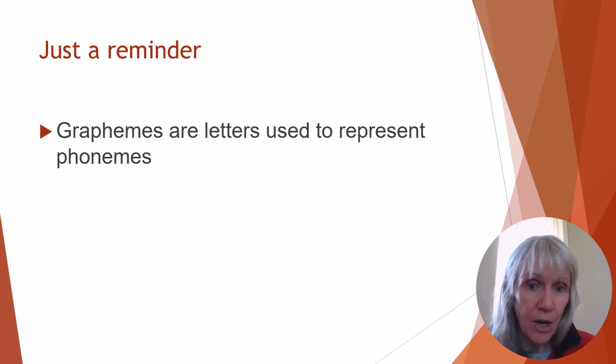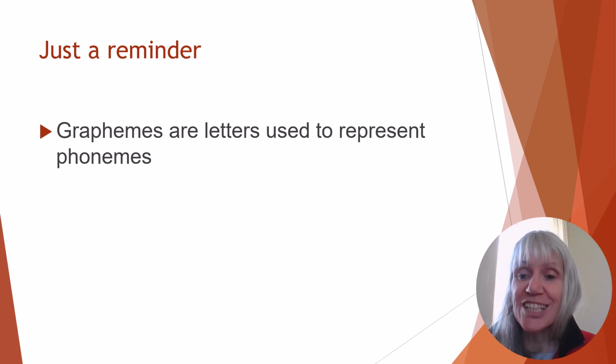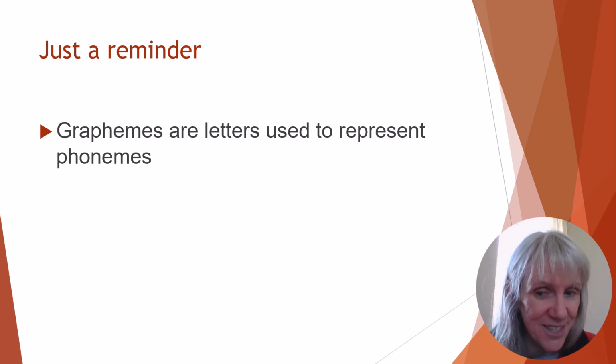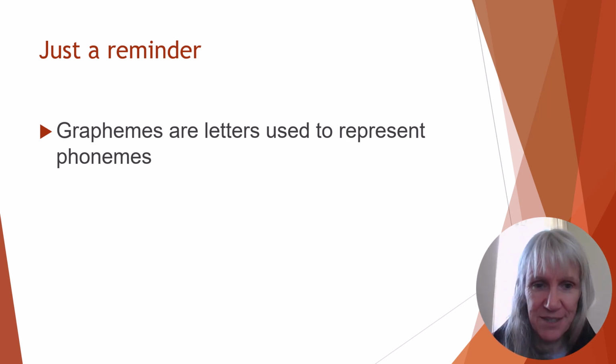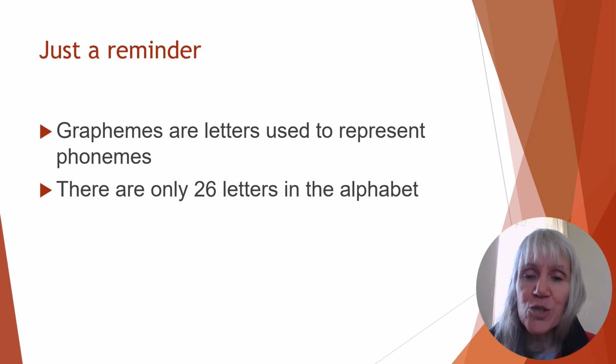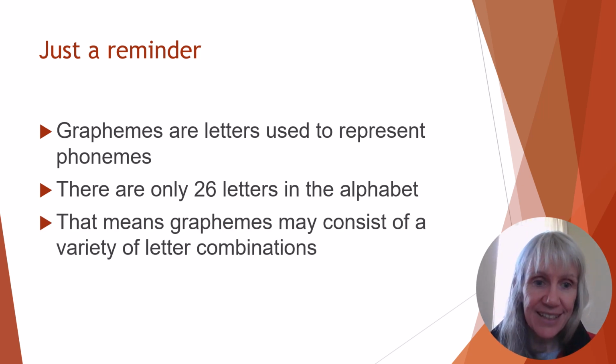Graphemes, then, are letters used to represent phonemes. The letters in the alphabet are not necessarily graphemes until they are used to represent a certain phoneme in a certain way. They are just letters of the alphabet. When they are used to make a sound or to represent a sound, then they are graphemes. There are only 26 letters in the Roman alphabet. That means graphemes may consist of a variety of letter combinations.